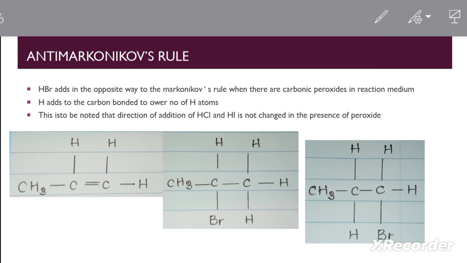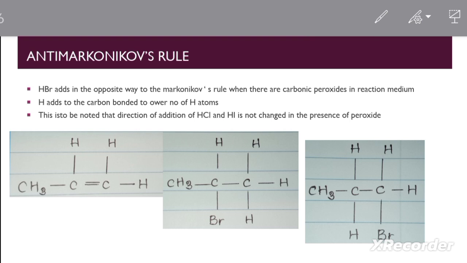If we want to add hydrogen to the place with fewer hydrogens and bromine to the place with more hydrogens, then we have to do this reaction in a peroxide medium. That means we have to add ROOR, right? Just remember that this anti-Markovnikov's rule only works for HBr.